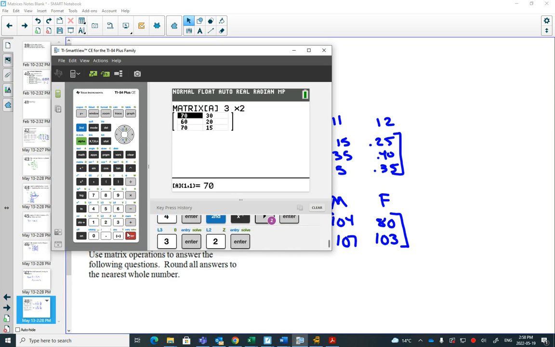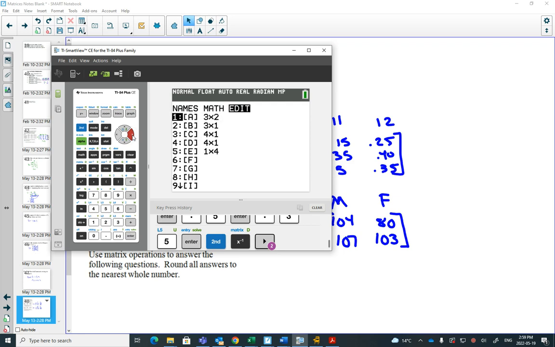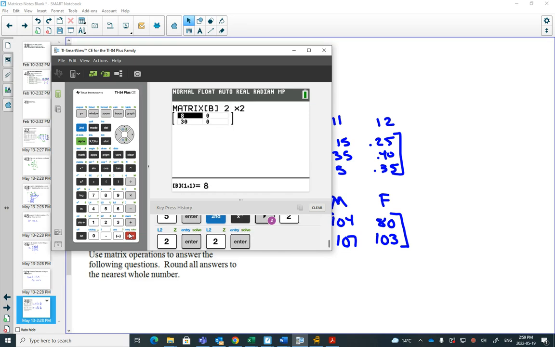When you do that, it just erases data that was there, and you can just type things over top. 0.15, 0.25, 0.35, 0.4, 0.5, 0.35. And matrix B is a 2 by 2: 104, 80, 107, 103.